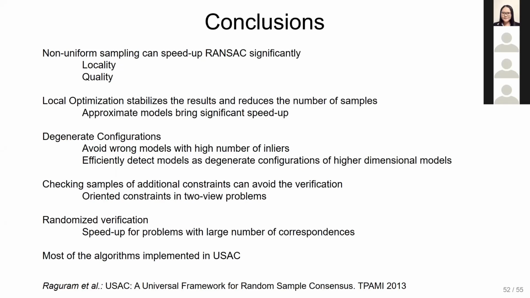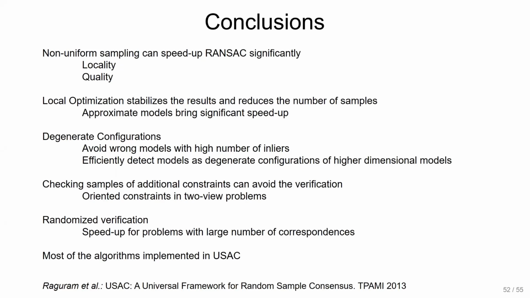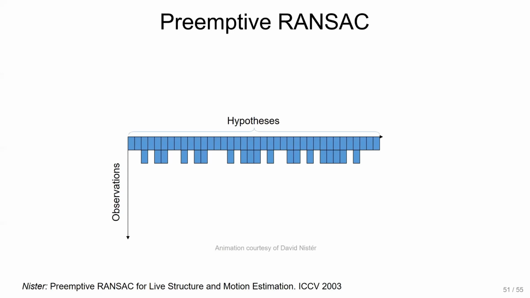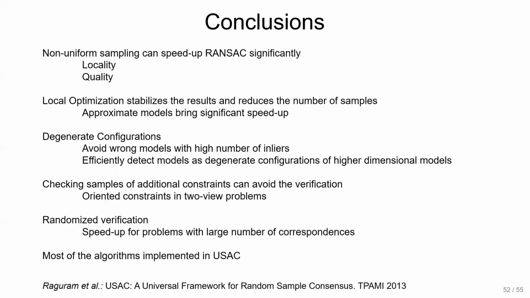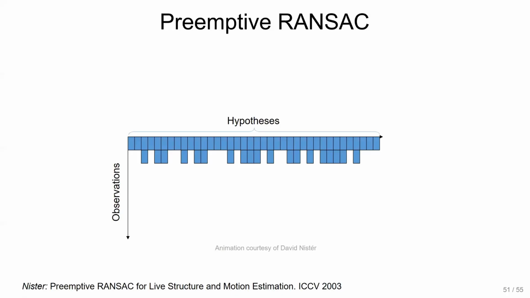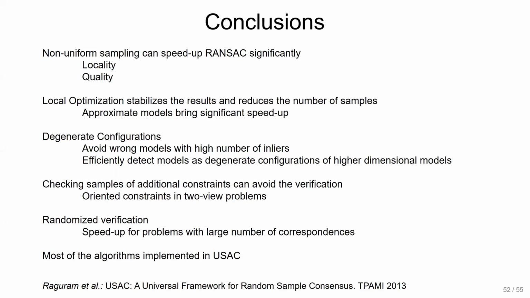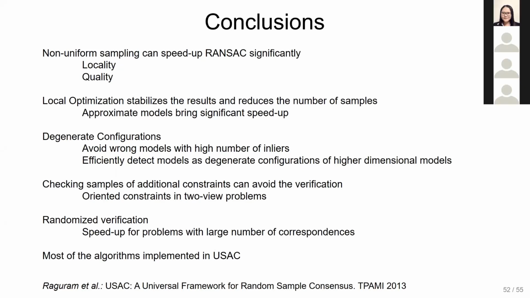I will now summarize. I was speaking about non-uniform sampling that can speed up RANSAC significantly. I was speaking about two approaches. One was using the assumption of locality, local density of inliers, and the other was assuming that you are able to sort or rank your correspondences and start first with better correspondences and then gradually go to worse ones.